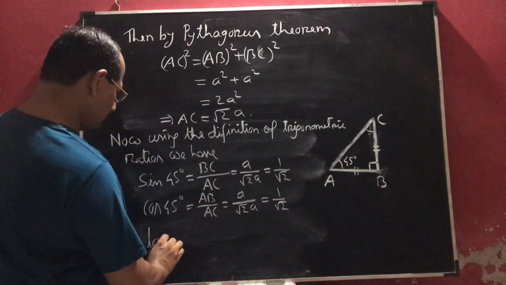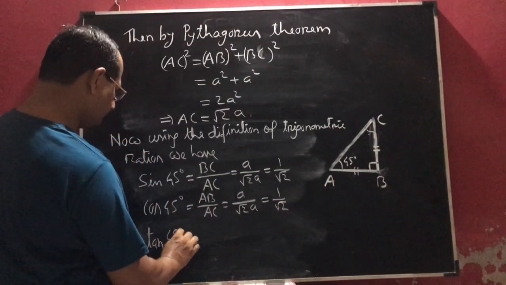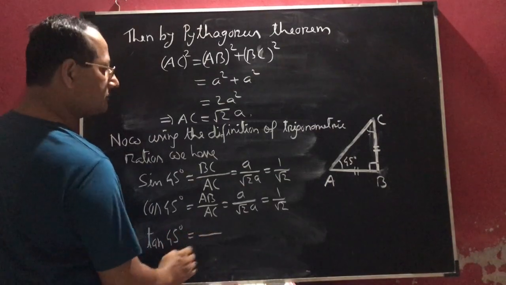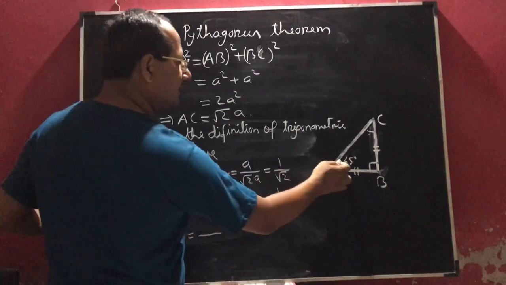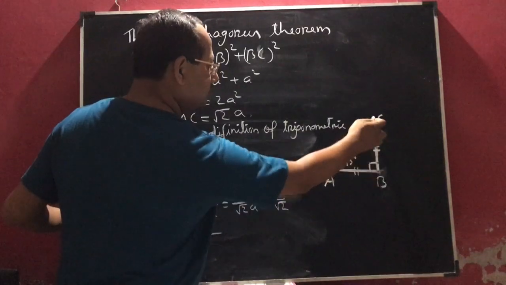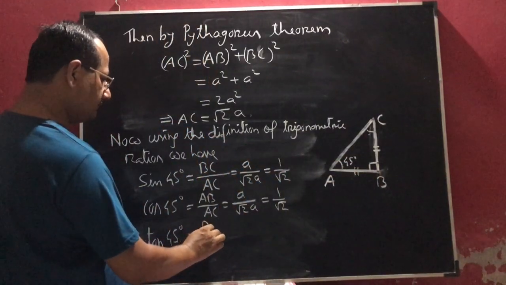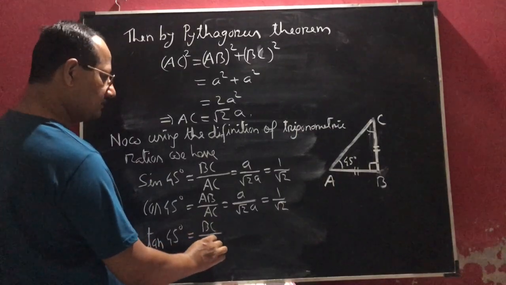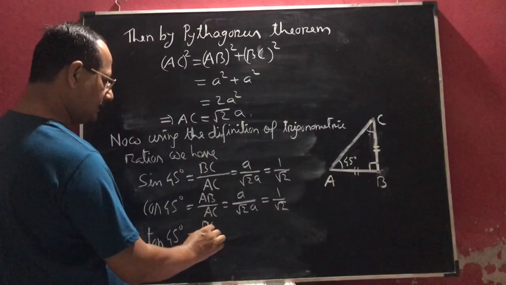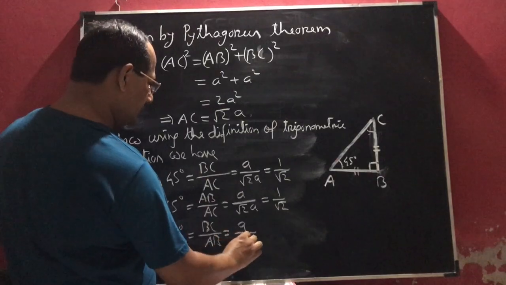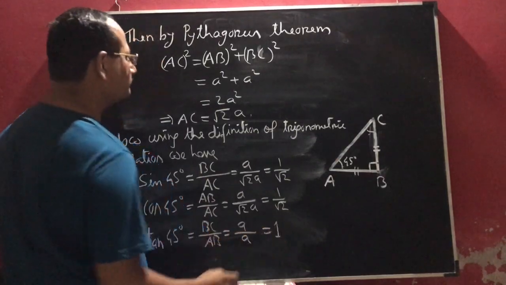Tan 45 degree: opposite side divided by the adjacent side, that is BC by AB, that is a by a, that is equal to 1.